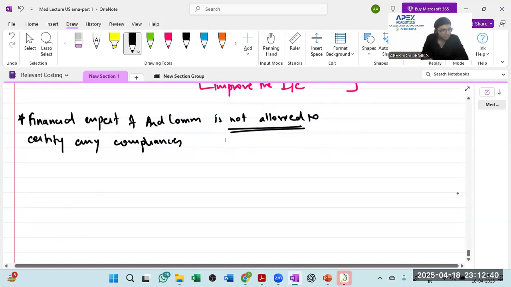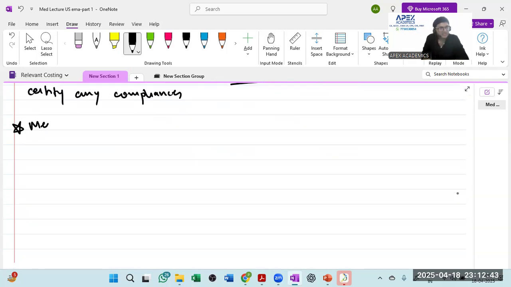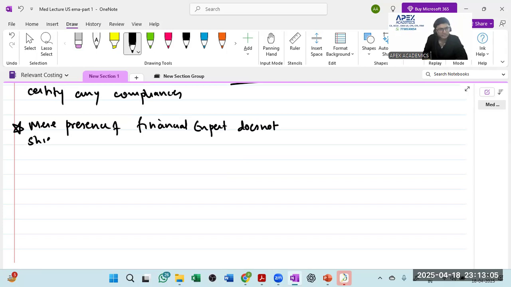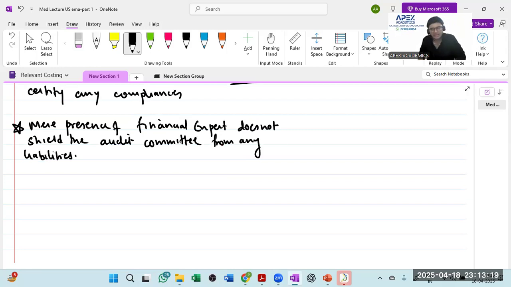Sir, mere presence of an audit expert or financial expert does not shield the audit committee from any liabilities.